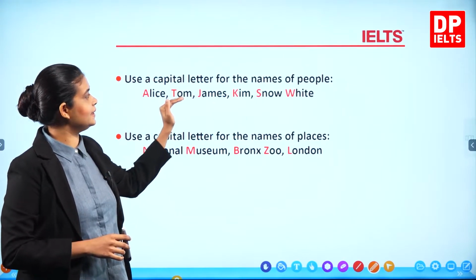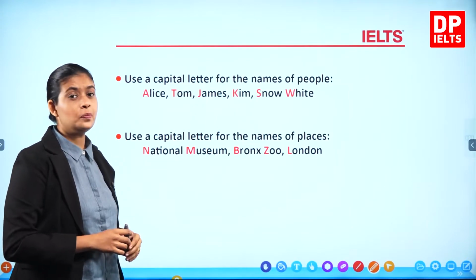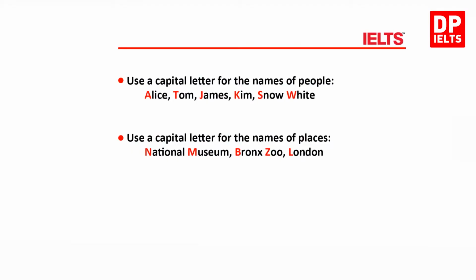Use a capital letter for the names of people. The first letter of a person's name must always be capital. For example Tom, James, Kim, the first letters T, J, K must be capital letters.